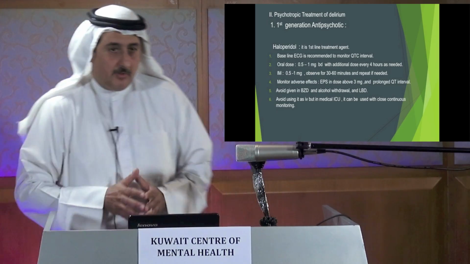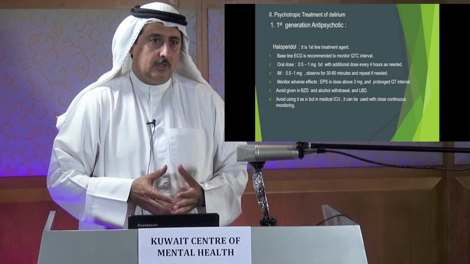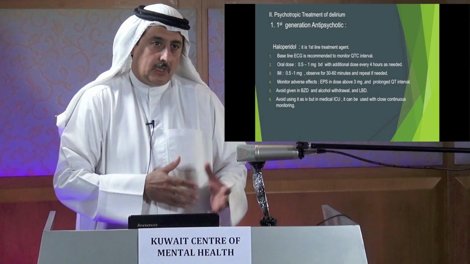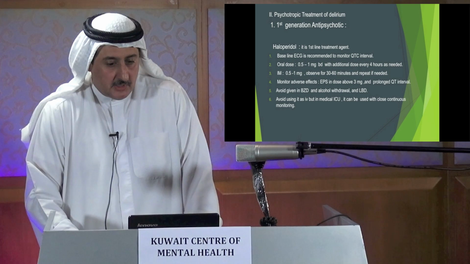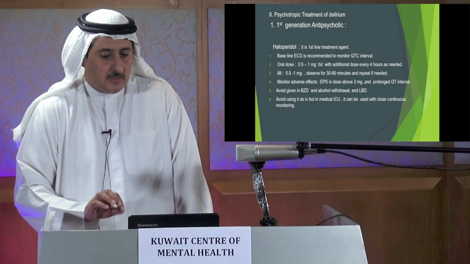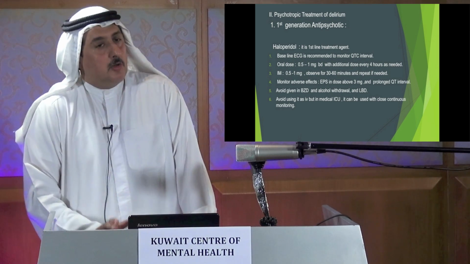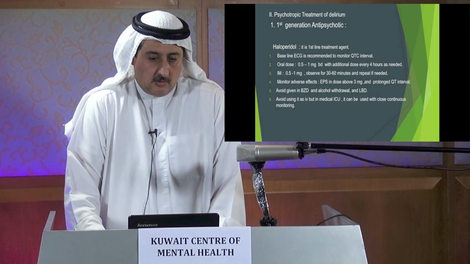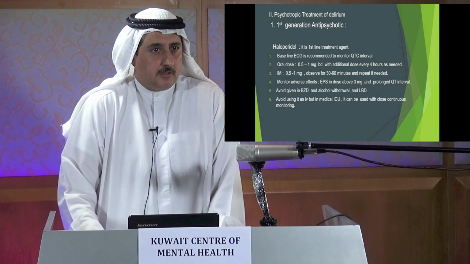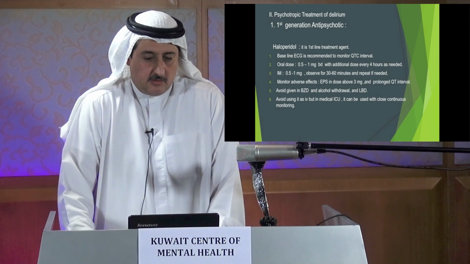Now this is the main core of the presentation, from the guidelines. Which medication to use? We are talking here first about antipsychotics, typical and atypical, first generation. It's well known and evidence-based that haloperidol is the first line of treatment. They recommend that we should now do an ECG before giving haloperidol to avoid sudden cardiac death, cardiomyopathy, and to monitor the QTc interval.